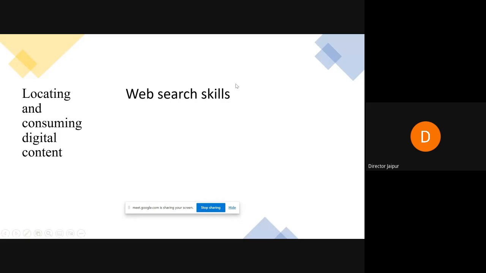This is very, very important. Web search skills, how to search for a particular product or a particular skill on the net, is very, very important actually.